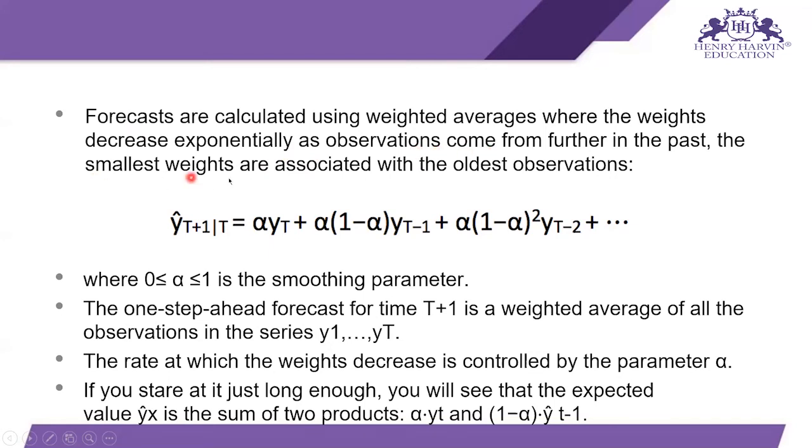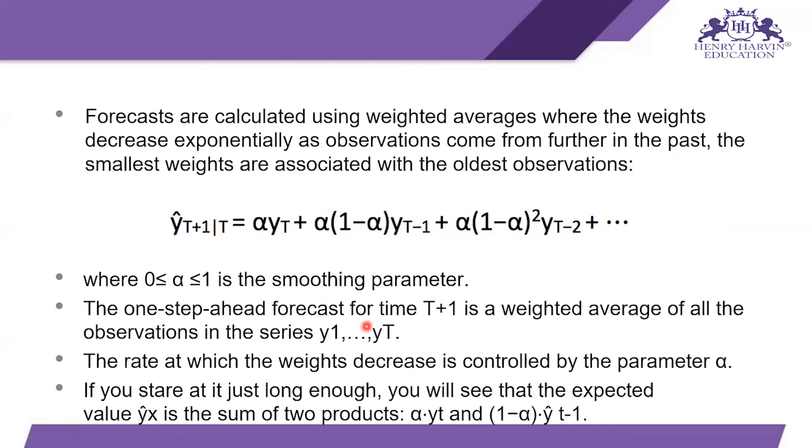The smallest weights are associated with the oldest observations, and its formula is something like this: y hat t plus 1 given t equals alpha y t plus alpha times 1 minus alpha y t minus 1 plus alpha times 1 minus alpha squared y t minus 2, and so on, where alpha lies between 0 and 1, and can also equal 0 or 1, and is the smoothing parameter that controls how much you want to smooth.